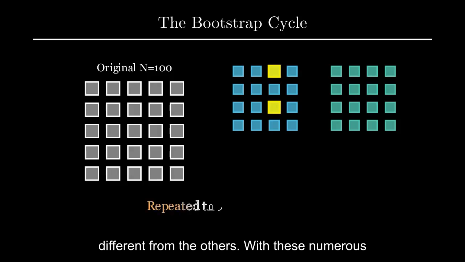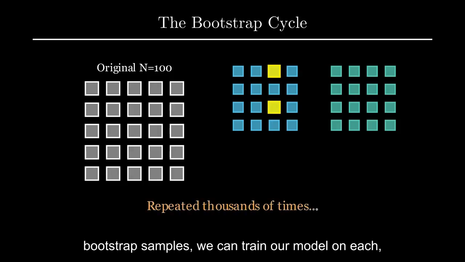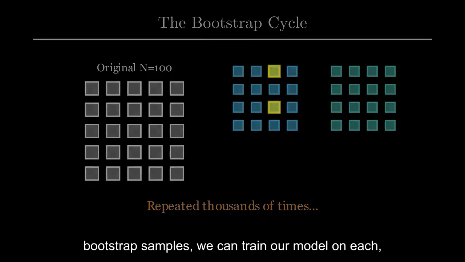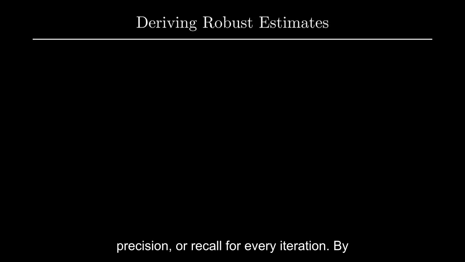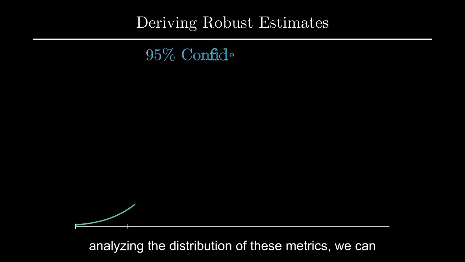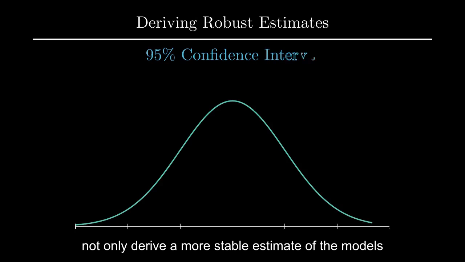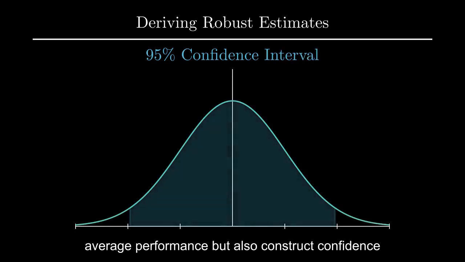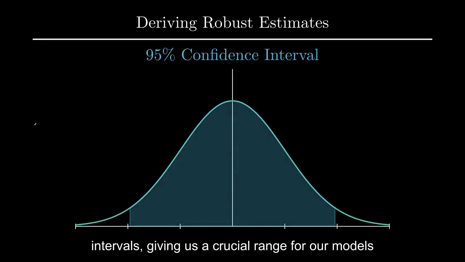With these numerous bootstrap samples, we can train our model on each, calculating performance metrics like accuracy, precision, or recall for every iteration. By analyzing the distribution of these metrics, we can not only derive a more stable estimate of the model's average performance but also construct confidence intervals, giving us a crucial range for our model's expected behavior.